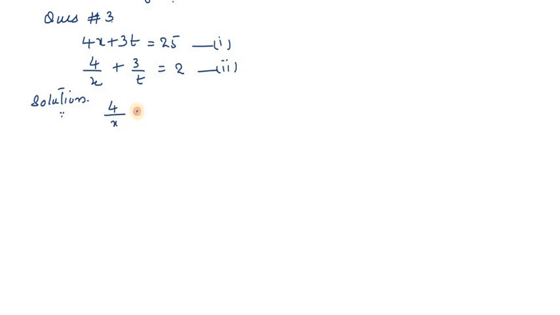Equation number 2 is 4 upon x plus 3 upon t is equal to 2.